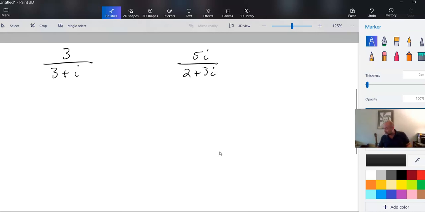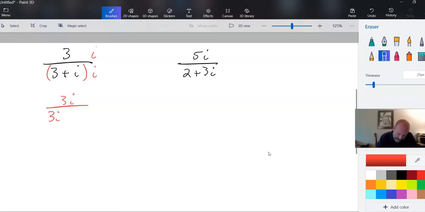Okay. Now, there's a problem. Most people want to go through and just multiply top and bottom by i again. But first, I'm going to show you why that doesn't work. First of all, if you're going to multiply by i on the top and the bottom, it has to distribute across 2 terms, right? So I get a 3i in the top, and if I distribute this i on the bottom, I get 3i plus, it's going to be minus because it's an i squared. 3i minus 1.